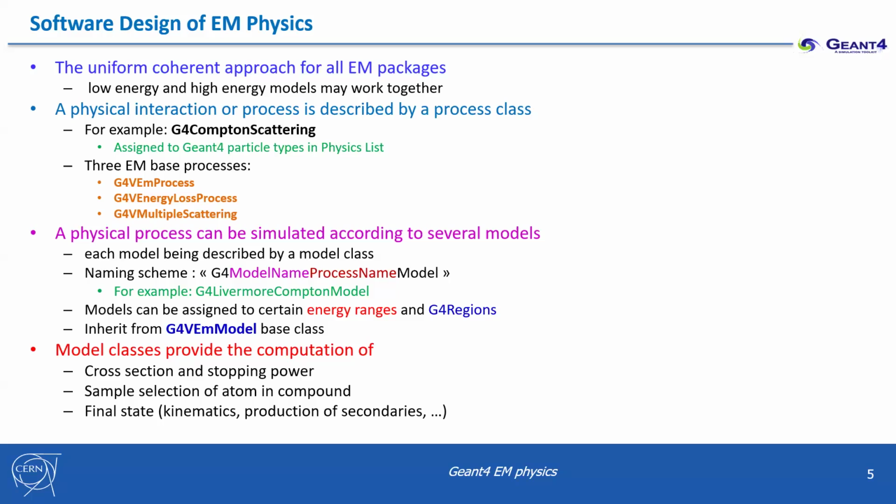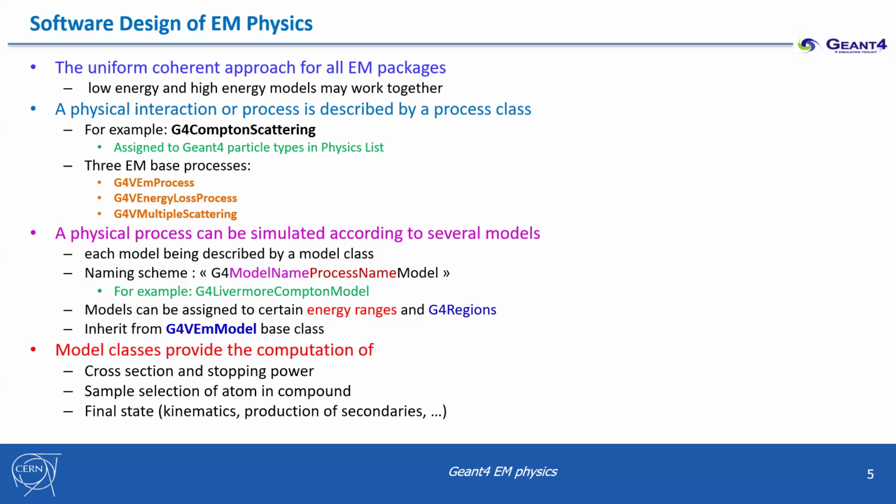We may choose models which are more fast, but neglecting atomic structure because at high energy it is not as important as at low energy, but we may have a more accurate model for low energy, and we can combine them together inside Compton process. For example, naming scheme is model name, process name, a model. For example, Livermore Compton model.